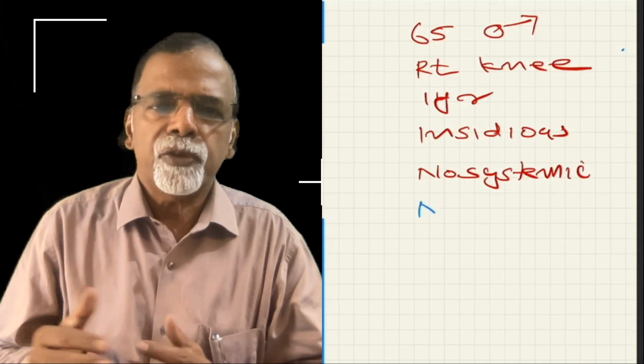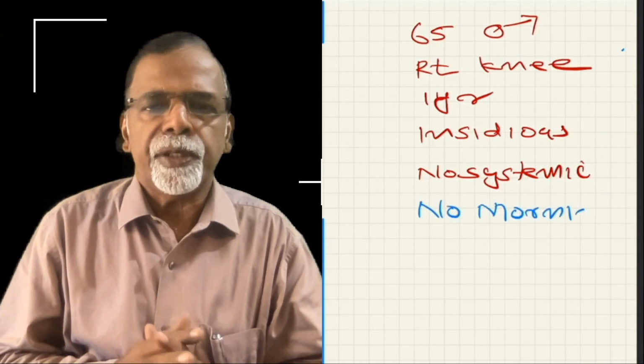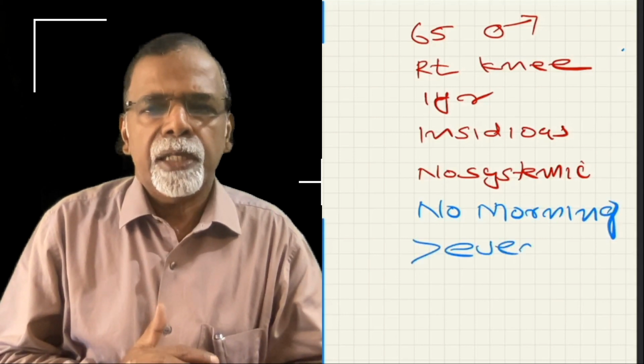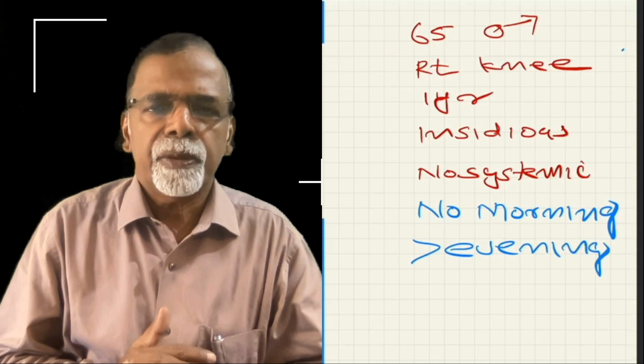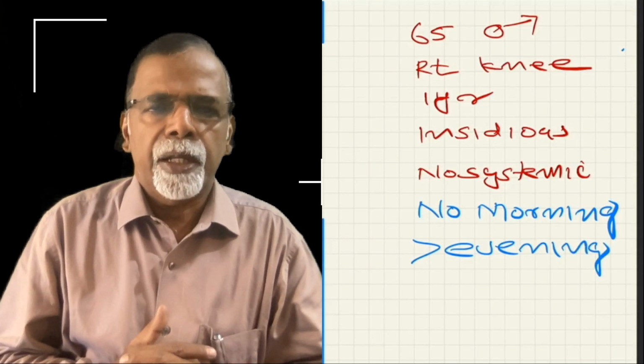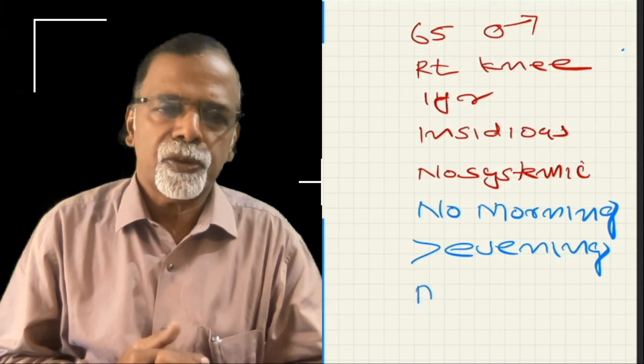The symptoms are worse towards the evening, especially after physical activity. And over the last 1 year, she is having this symptom, and now she has pain over the left knee also.